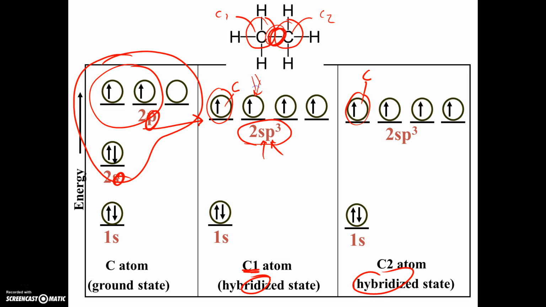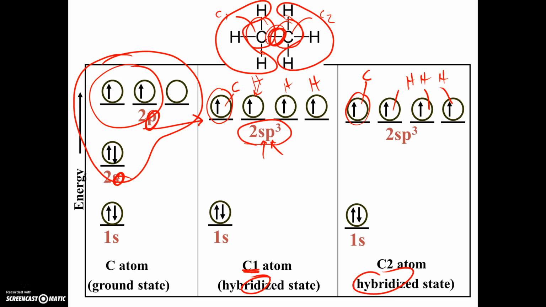This orbital here is where a hydrogen bonds, and another hydrogen, and another. That might be these three hydrogens. Over here, all three of these spots are where a hydrogen is bonding. That would be these three hydrogens. So once again, we have bonding orbitals where there are unpaired electrons, and we were able to make four unpaired electrons by hybridizing. That's the main idea here.